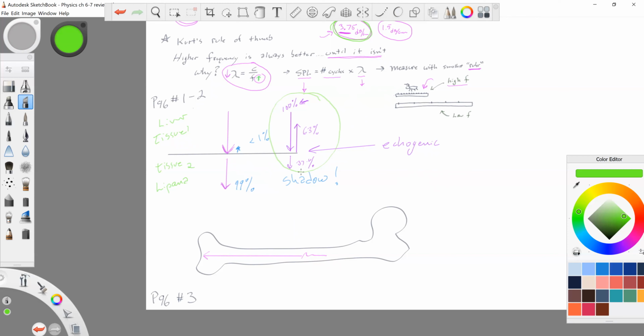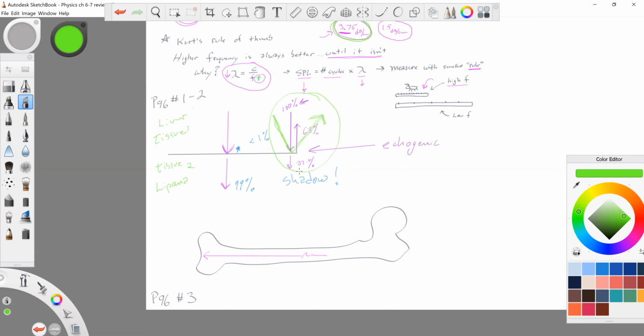And this is at normal incidence. If you come in at an angle, I don't know the mathematics, because it does change, but probably rather than 63%, it's closer to 100% reflected, and very little goes through. So sound stays in the impedance layer that it is created in.